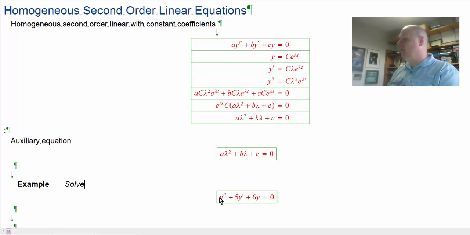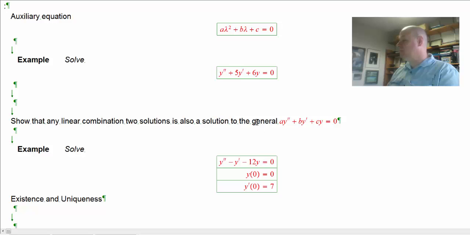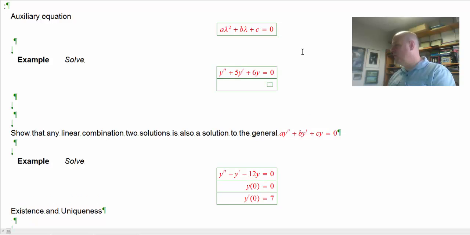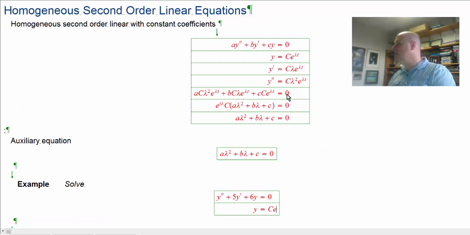Here's one. y'' + 5y' + 6y = 0. For pedagogical purposes, let's sub in y equals some constant times e to the lambda t.